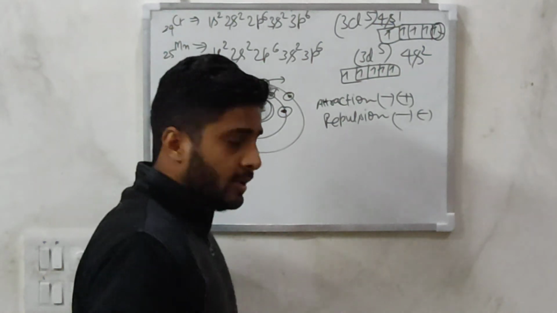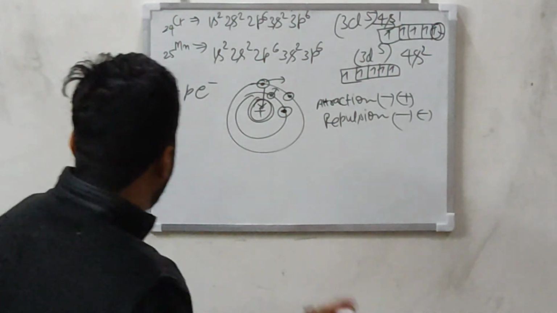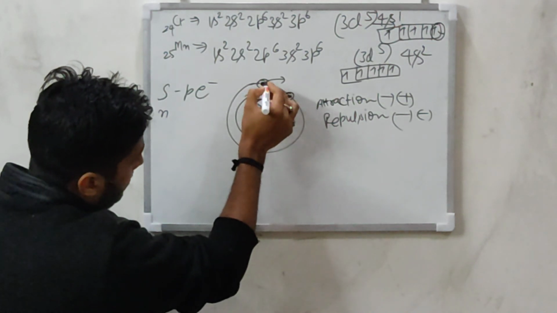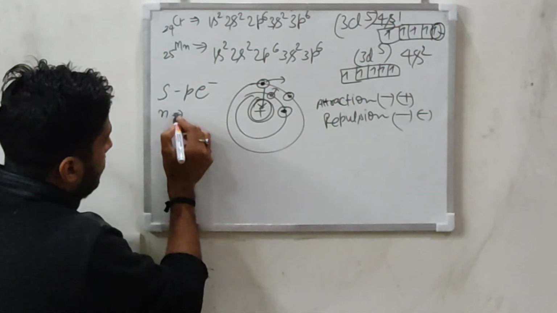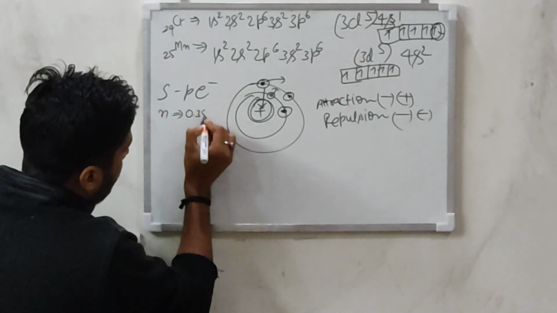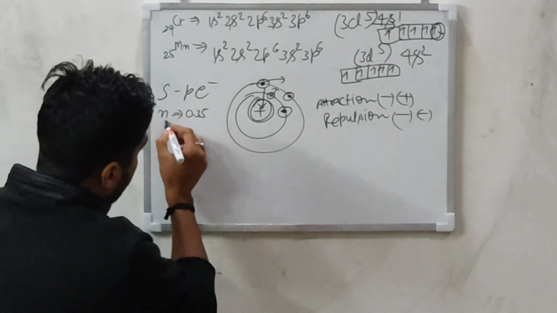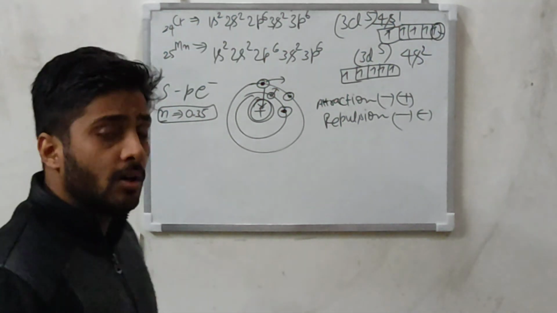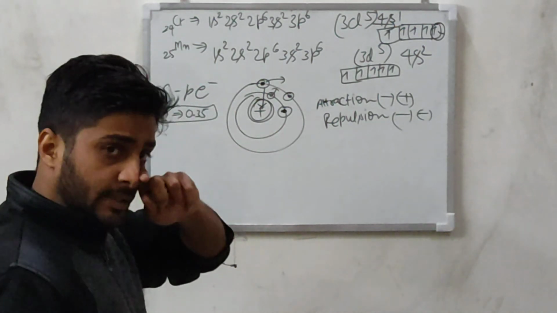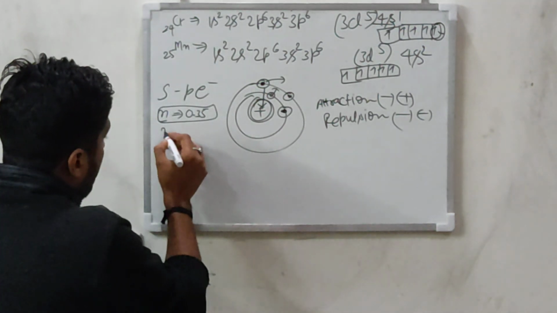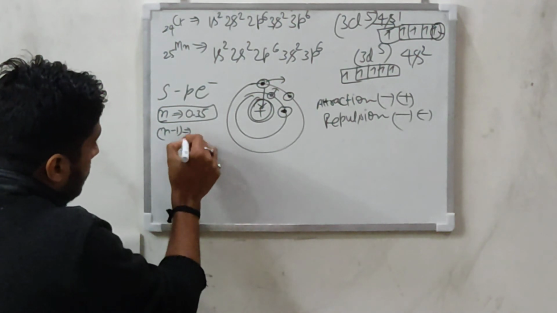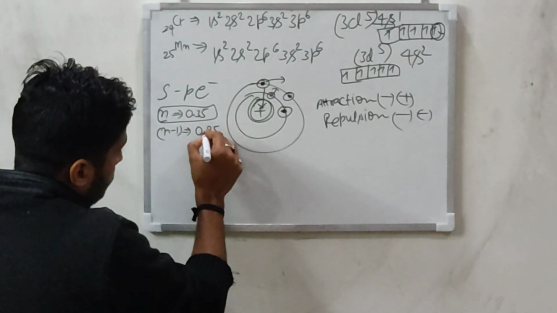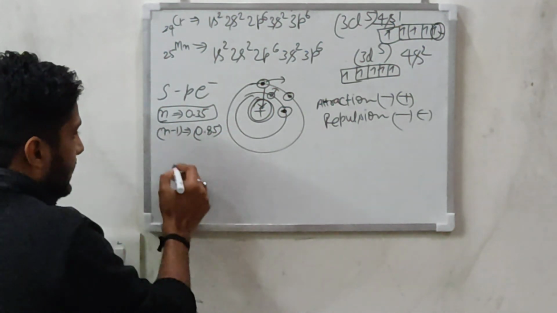For s and p electrons, for electrons in the same n shell, each contributes around 0.35. This is the magnitude of repulsion by an electron which lies in the same shell as the other electron. For the n-1 shell, the screening or shielding effect is 0.85.